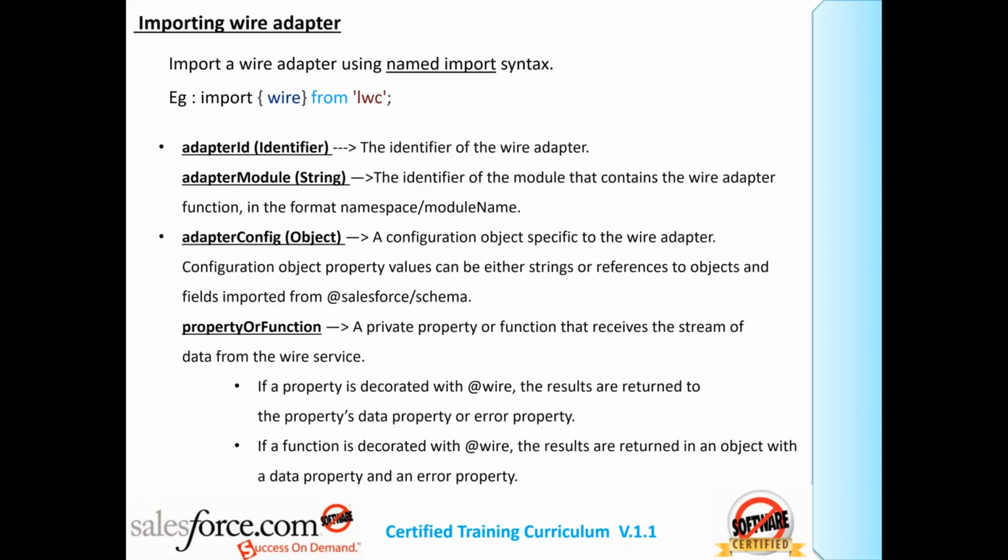Now, we are using a word called decorator. What is a decorator? Let's understand first. Decorators are additional programs that we add on an existing one. Additional programs to LWC are called decorators.